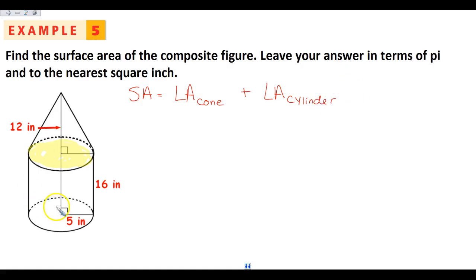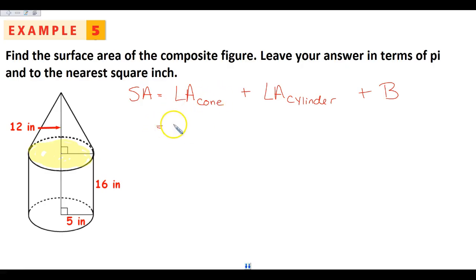All right. Then I need the area of the base on this bottom. So plus 1 area of the base. Again, with the cylinder, I don't want to do plus 2b because the second one is up here, and again, it's on the inside of the figure, so it's not on the surface, so we don't want to count it. So I have the lateral area of the cone, the lateral area of the cylinder, and then the area of this one base.